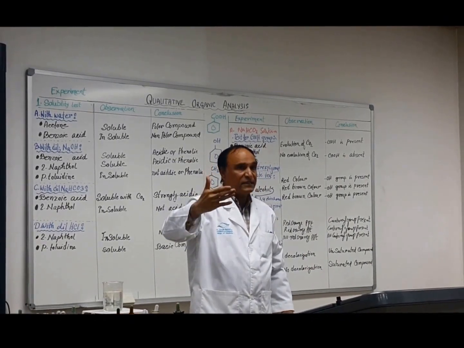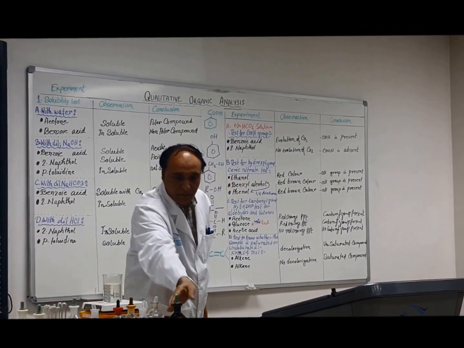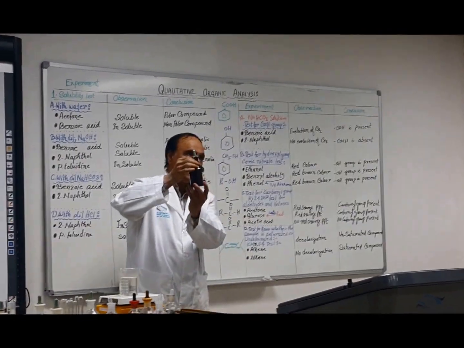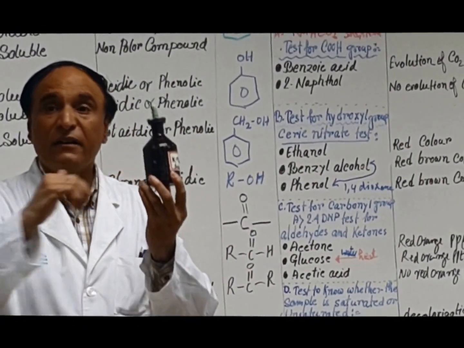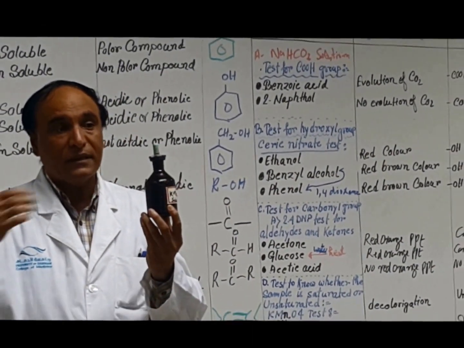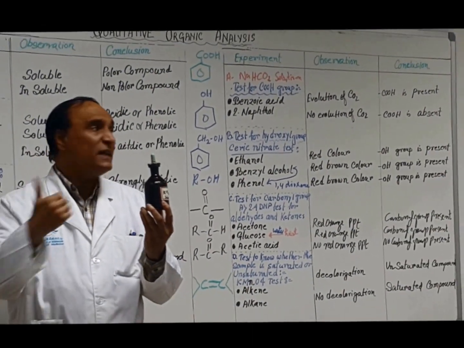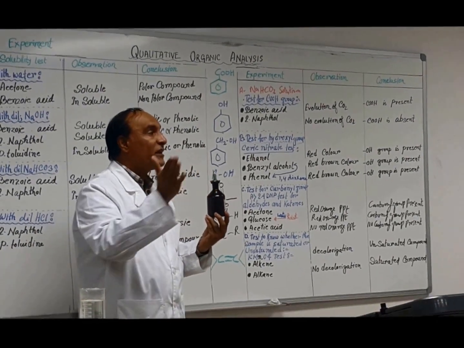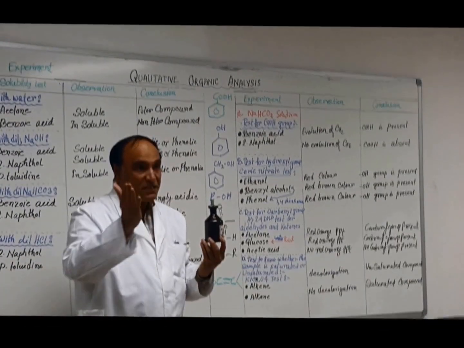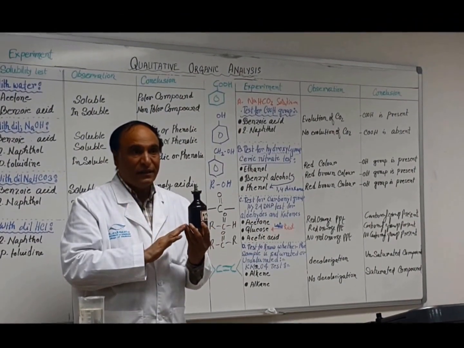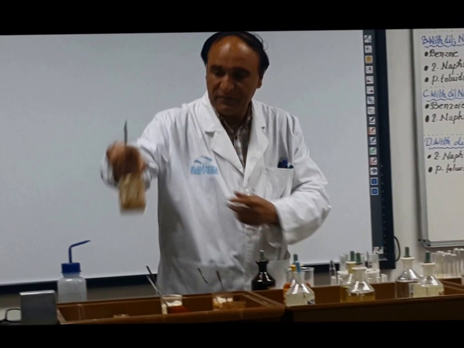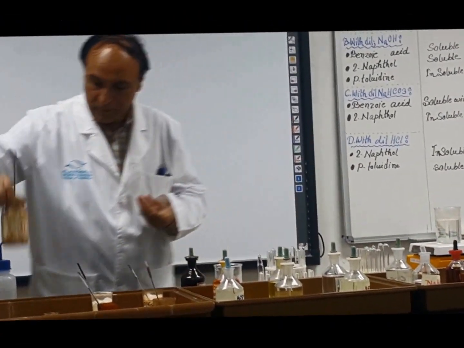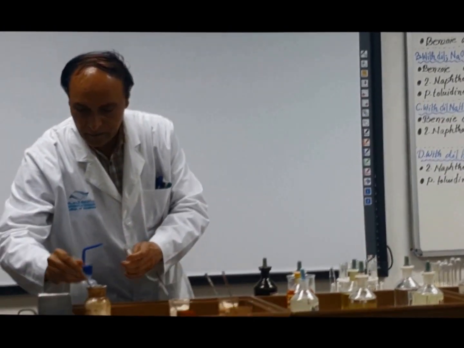I am doing another test, which is with KMnO4, potassium permanganate. It is purple in color, and with the unsaturated compound, the color will change. Change in color is called decolorization. I will show you that. I have this alkene.